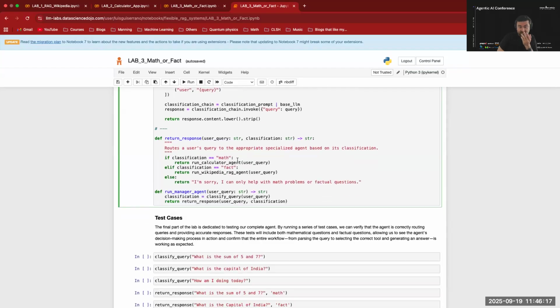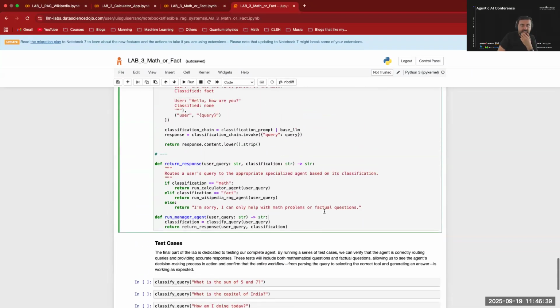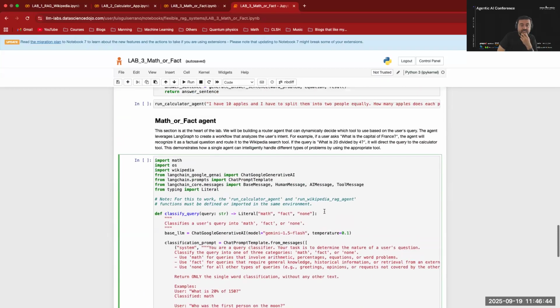And then return response uses the classification from the previous one. It says, answer this question, it's math. So it pipes it to the calculator agent. And if it's fact, it pipes it to the fact agent. And if it's something else, it just says, I don't know. I'm only trained to do math or fact.